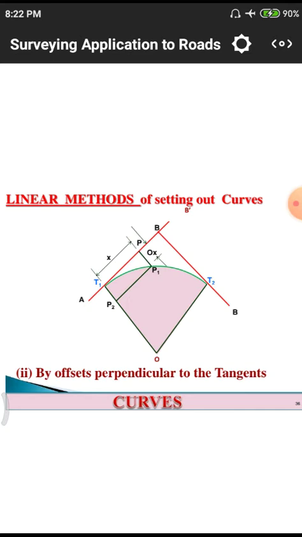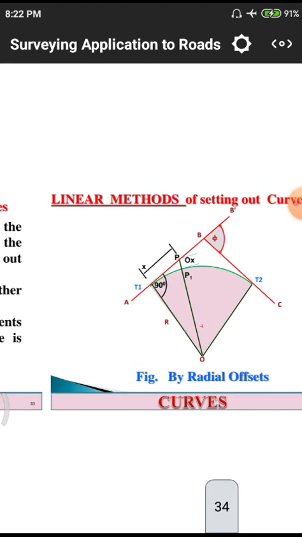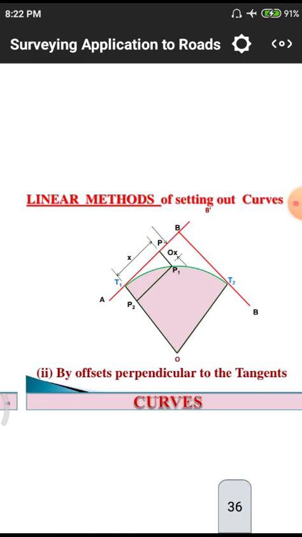Here also we have another length X. In the previous diagram we took a small length X and got a particular value at OX. After that, by enlarging the X value, we get another point by simple offset principles. Using these offsets we get the points one by one.